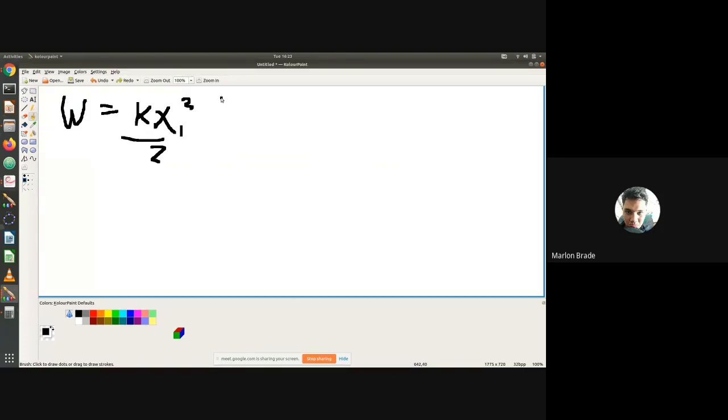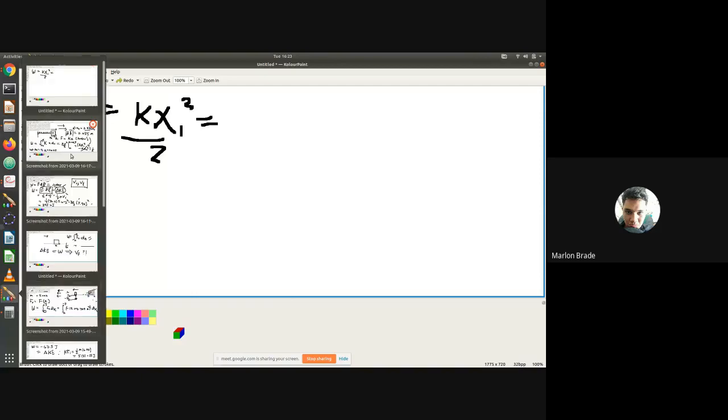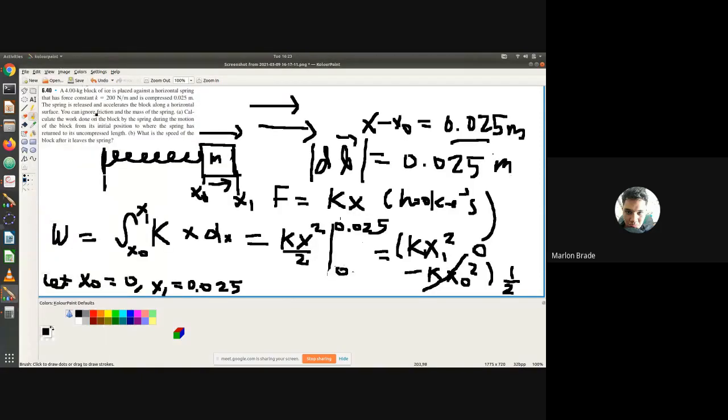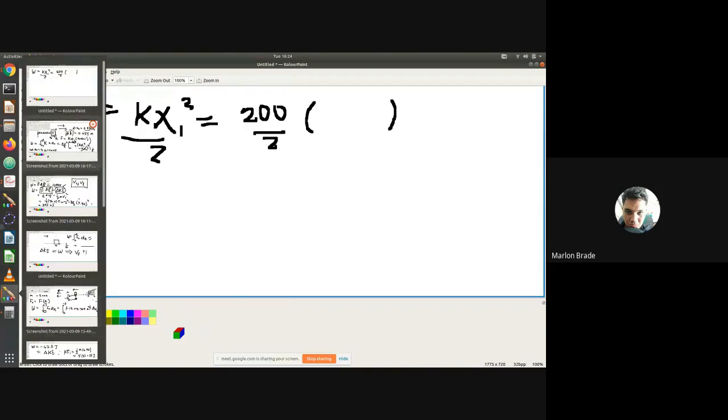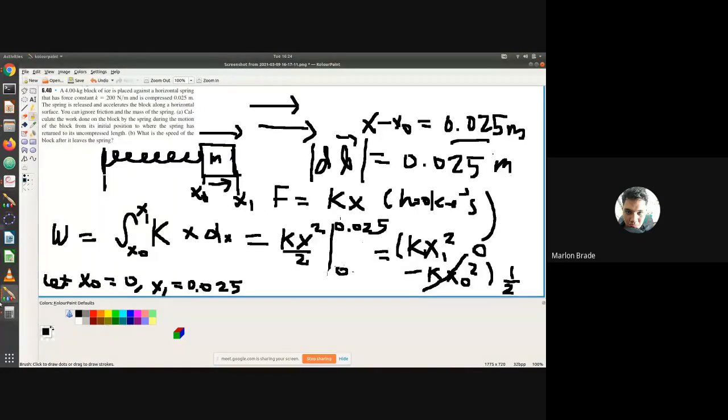This is equal to k, right? What is k? K is 200. Okay, so k is 200, all over 2, multiplied by x1 squared. My x1 is given to be 0.025.